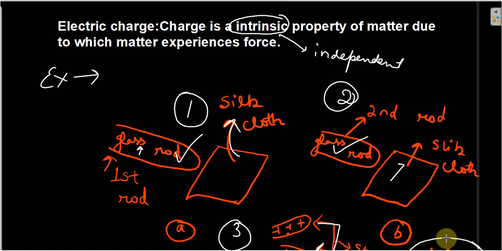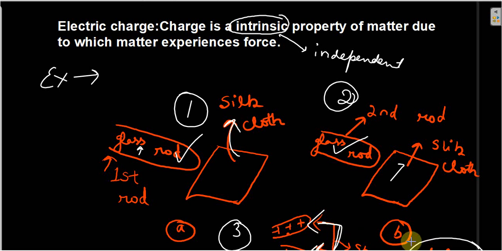So this is the property of the charge. That's why according to the definition, charge is an intrinsic property of matter due to which matter experiences a force. So these glass rods experience a force on each other. Here that force is a repulsive force, right?